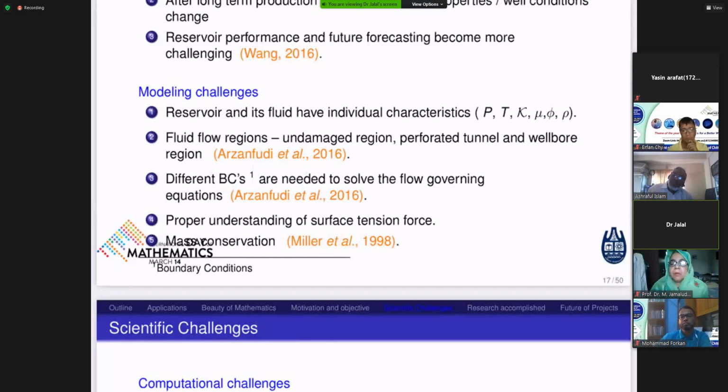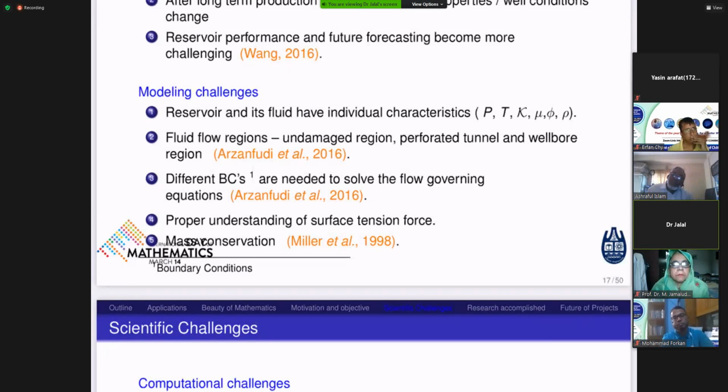And also flow region. The reservoir is not like a river from which you simply get the oil. There is some undamaged region, that means there is no damage, and there is some perforated tunnel, that means there is some area that can be treated as a canal, and there is some other area that you can consider as a rock. There is no way to pass the oil, but there is some pore scale.